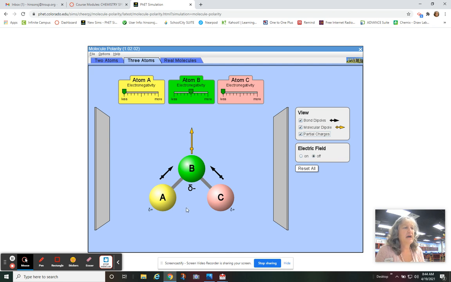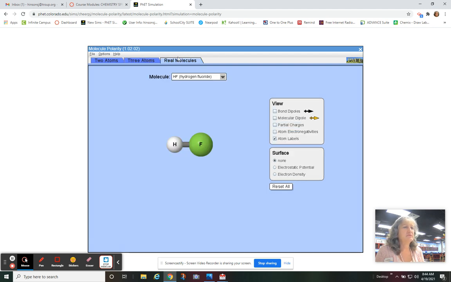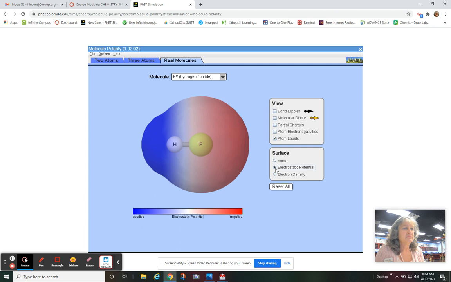So when we look at the overall molecule, you have to consider the dipole moments of the bonds, but you also have to consider shape. So let's take a look at some real molecules. And I want to turn on electrostatic potential like we did before. Let's turn on the partial charges and the molecular dipole.